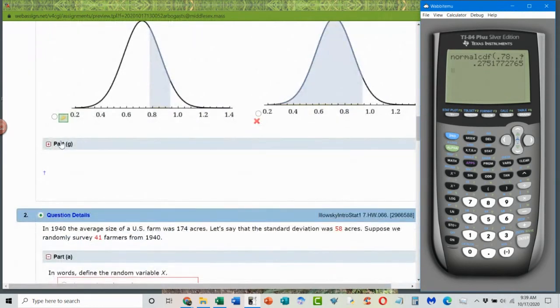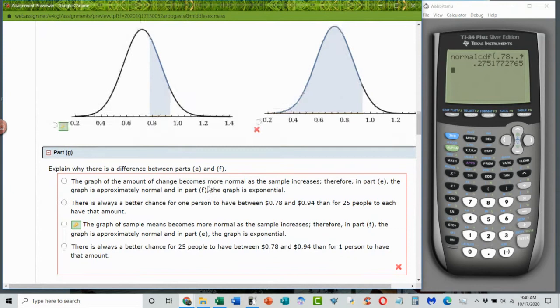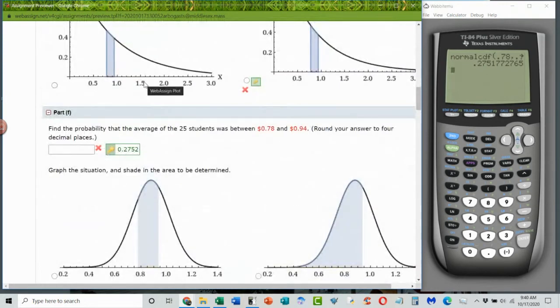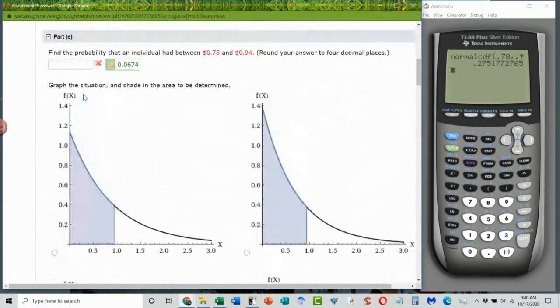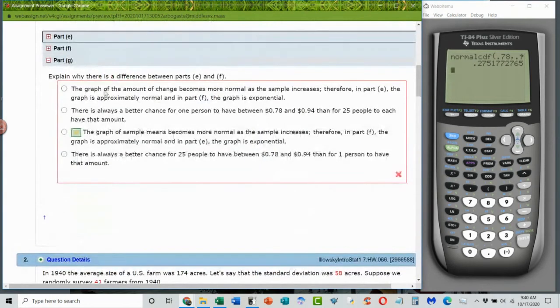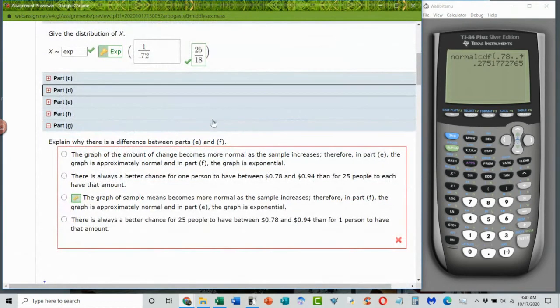And then the question asks us, why is there a difference between these two things? The reason is because one is normally distributed and the other one isn't. And it makes life a lot easier. We're taking the averages. The averages are always going to be normal, as long as it's continuous, and actually as long as it's any distribution.